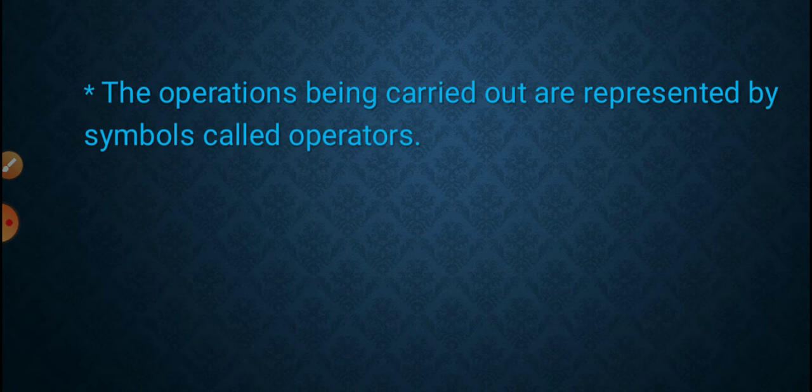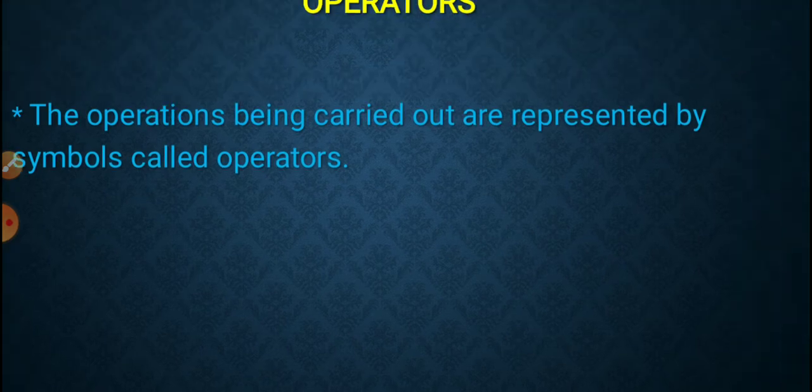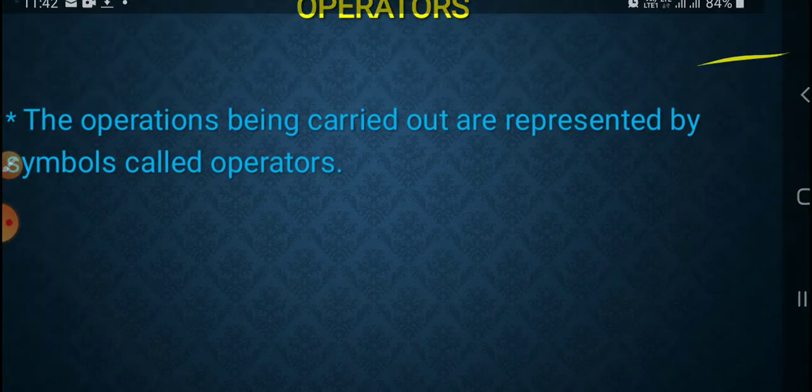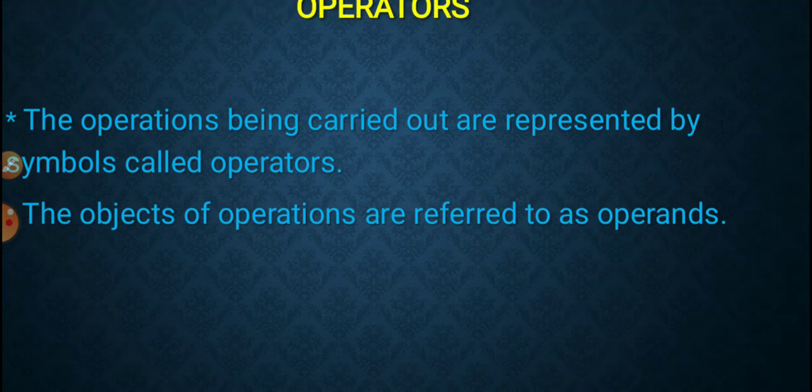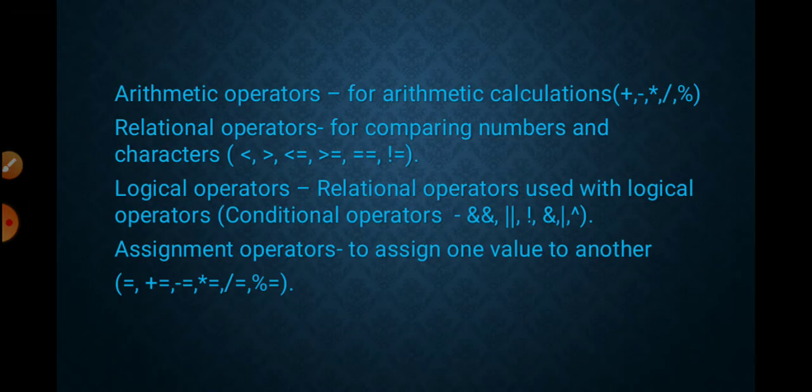The total statement, equation, expression is called the operation. Okay, 10 plus 20, it is an operation. The objects of operations are referred to as operands. 10 and 20 are the operands.